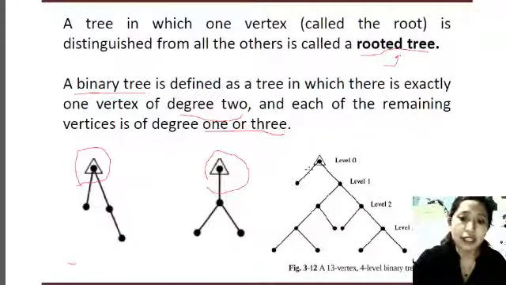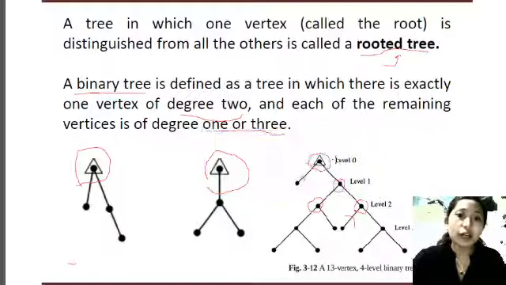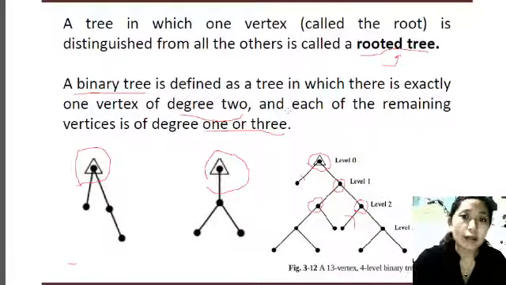Like for example in this one, this vertex has degree 2. Now if you see all other vertices, their degree is 1 or 3. You can check for all the vertices, their degree is either 3 or 1, but there is exactly one vertex in this tree whose degree is 2. So this type of rooted tree is called a binary tree.